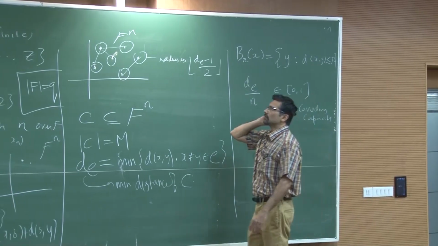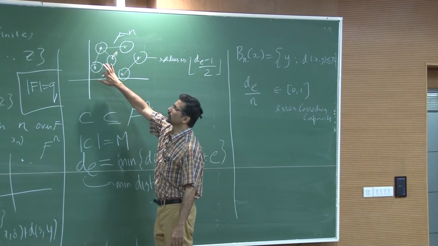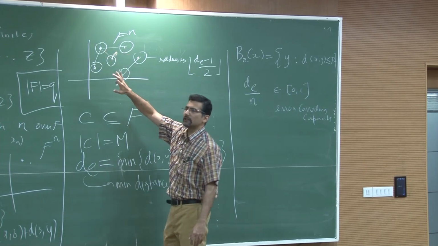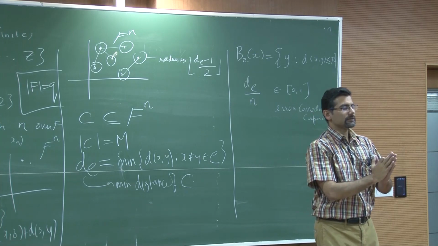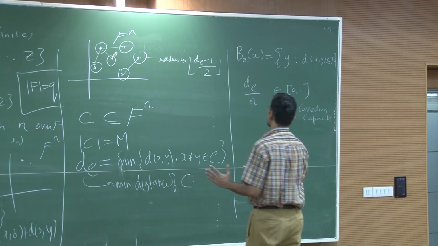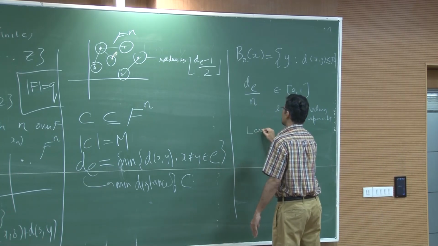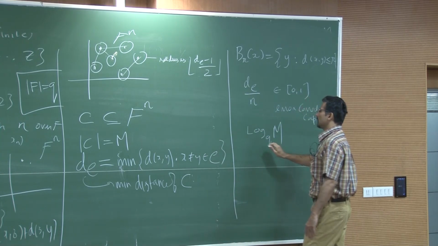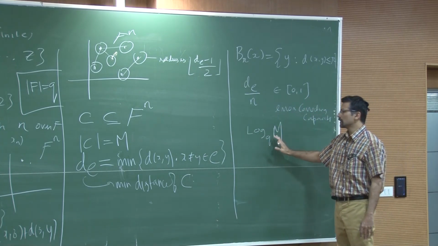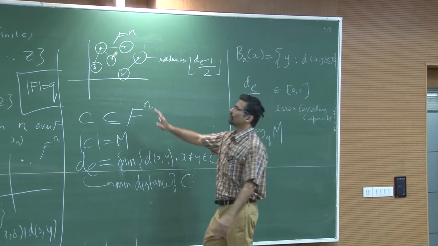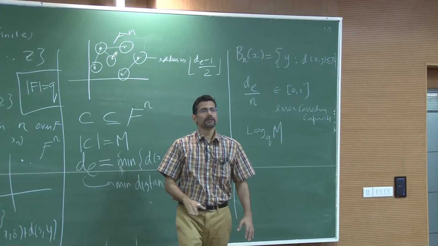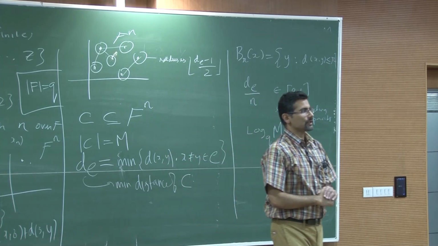Okay. So, for example, you wanted to transmit M words and you are using words of length n. Log M to the base q is roughly speaking the number of bits of information that you actually want to transmit.